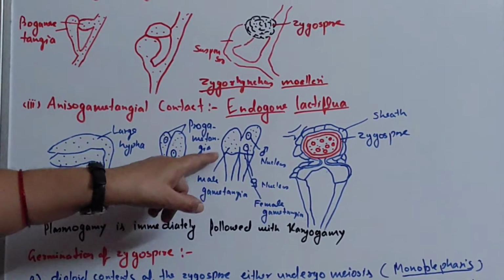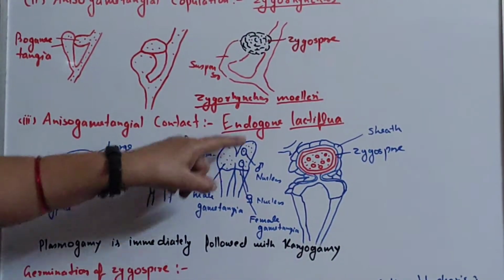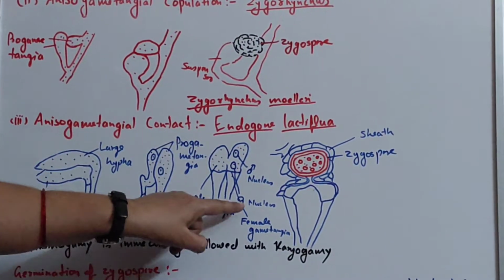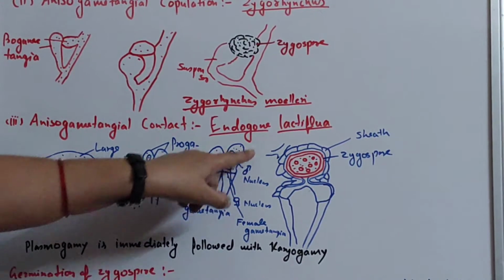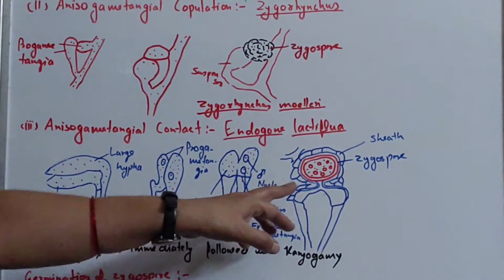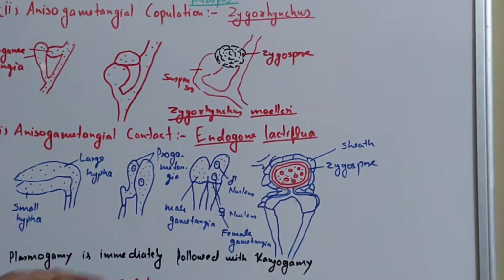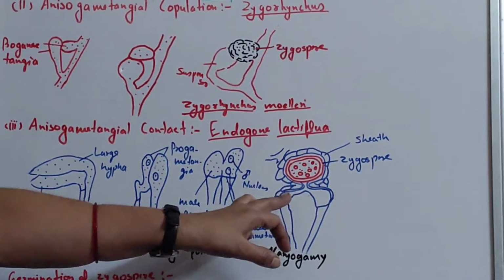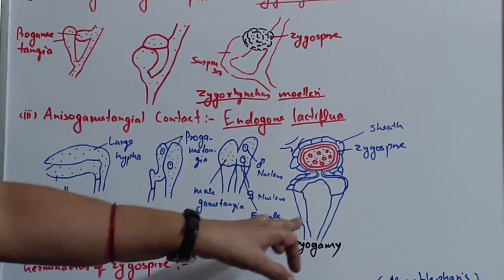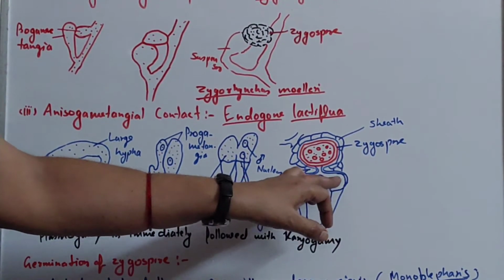Only two nuclei fuse, while the other nuclei degenerate. One is the male nucleus and another is the female nucleus. Both these nuclei fuse to give rise to a structure called the zygospore. This develops in a structure that is formed by the female gametangium.